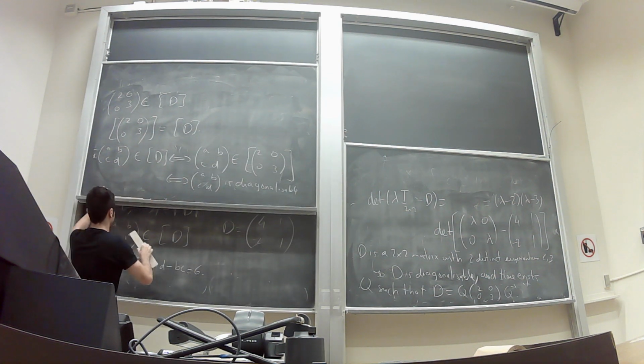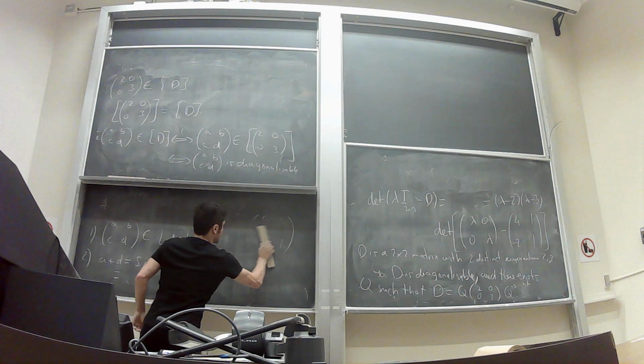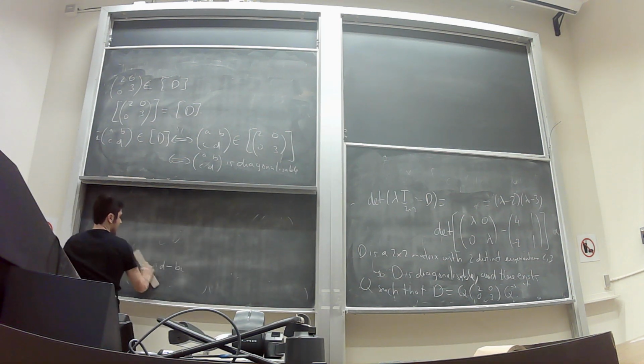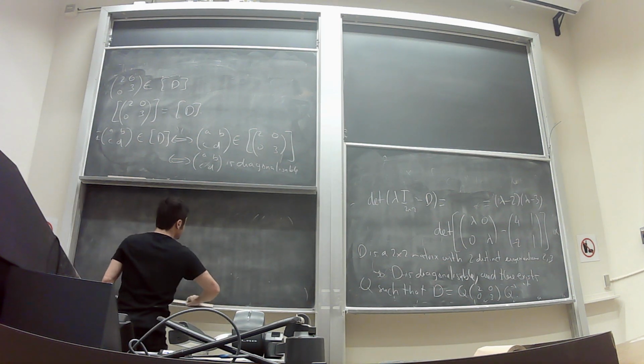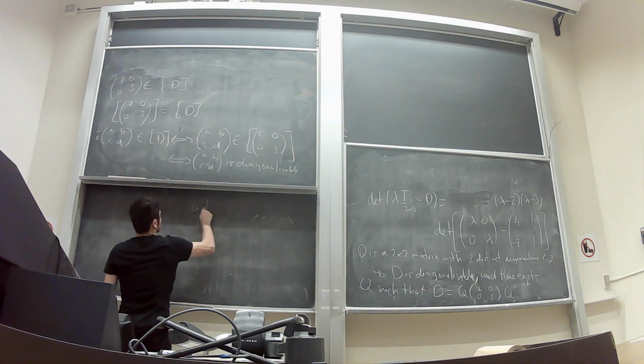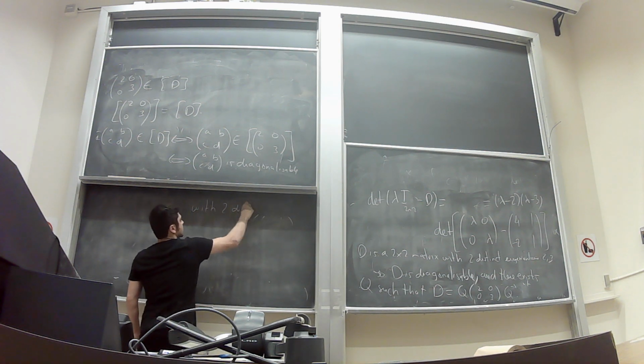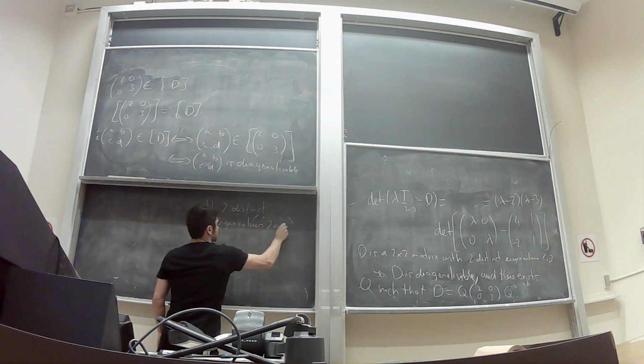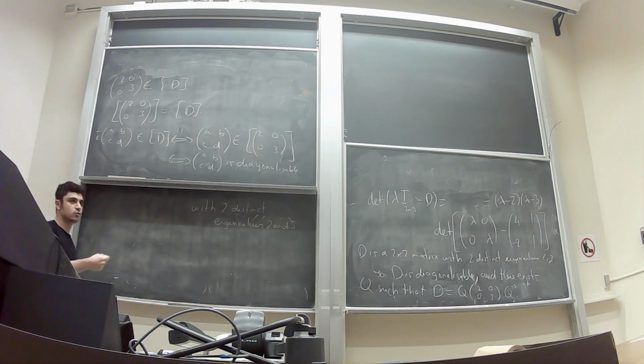It's diagonalizable with two distinct eigenvalues 2 and 3. Now it's a 2 by 2 matrix with two distinct eigenvalues.